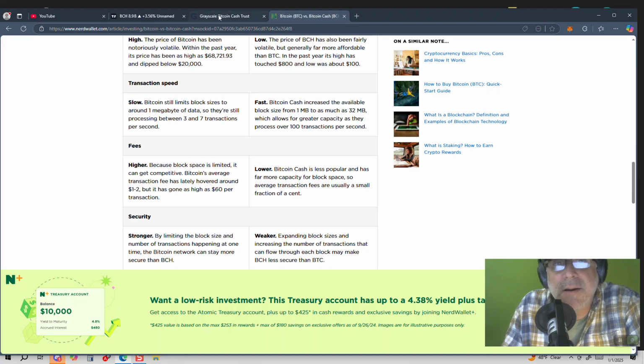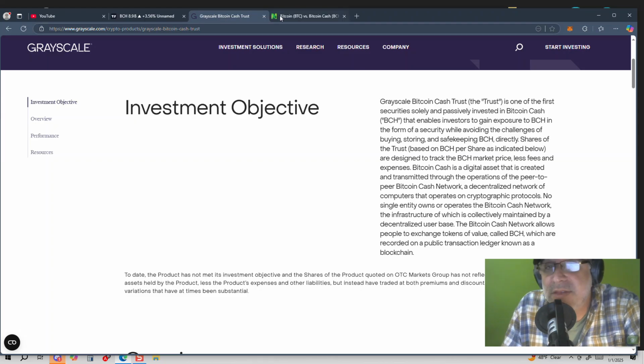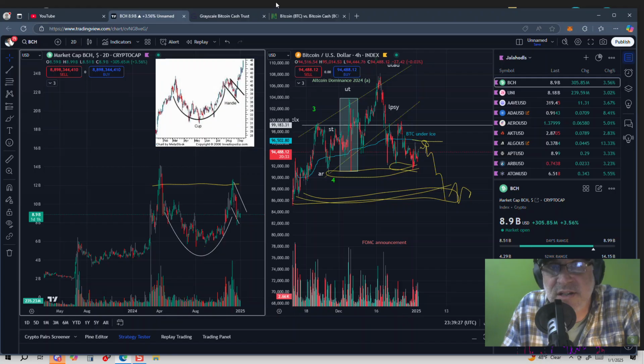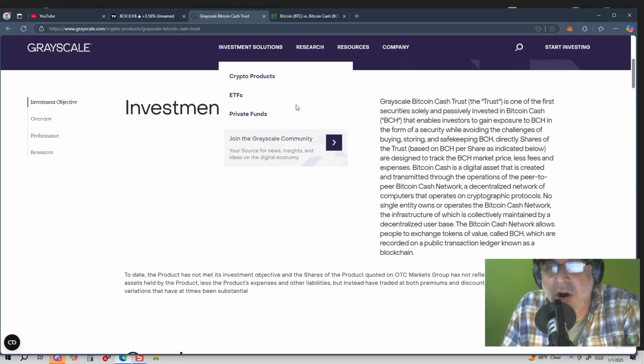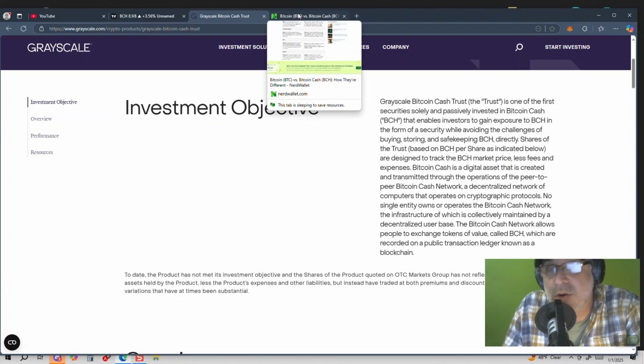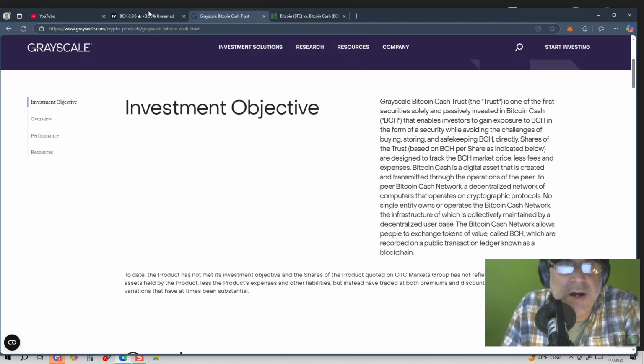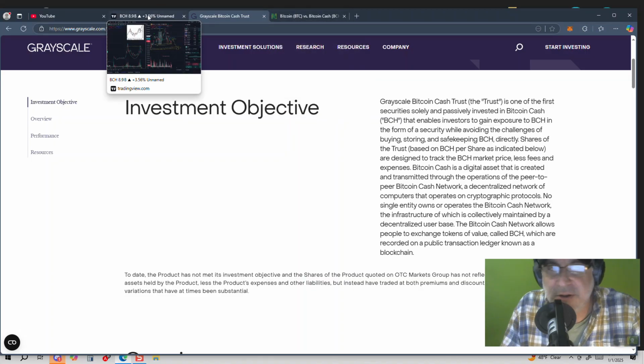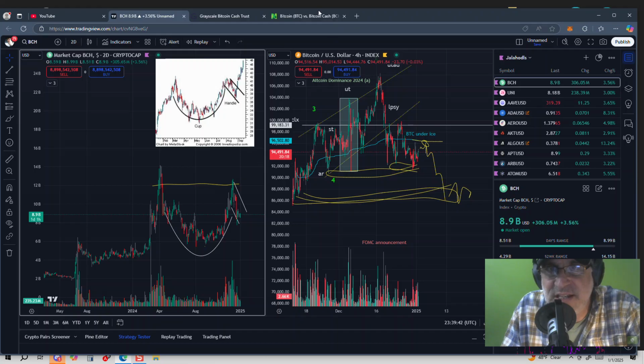So my thing is, if Grayscale is hodling it, if Grayscale is selling shares of it, offering shares as an ETF, then it's worth hodling. It's worth putting a few of those also onto a ledger, and that way you don't have the middleman fees.